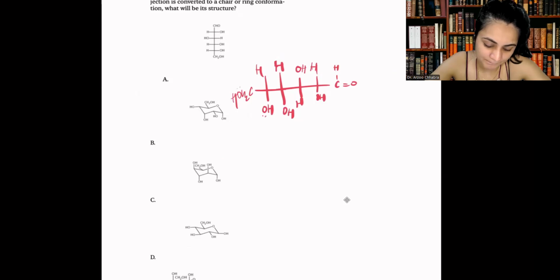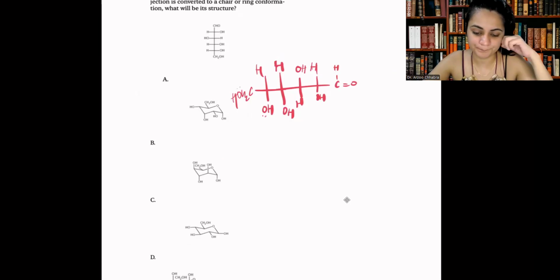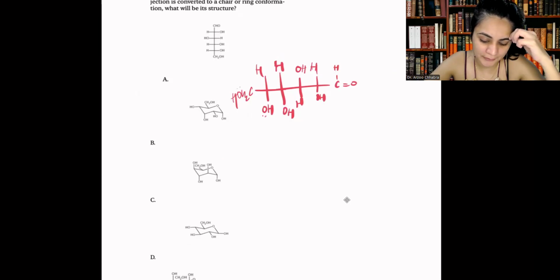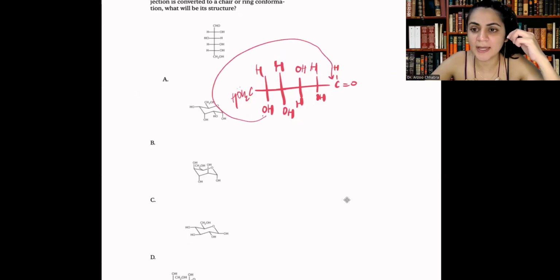So let's say this oxygen will attack here. Because the ring is being formed from the top, we have CHO, OH. So that attack is happening like this.